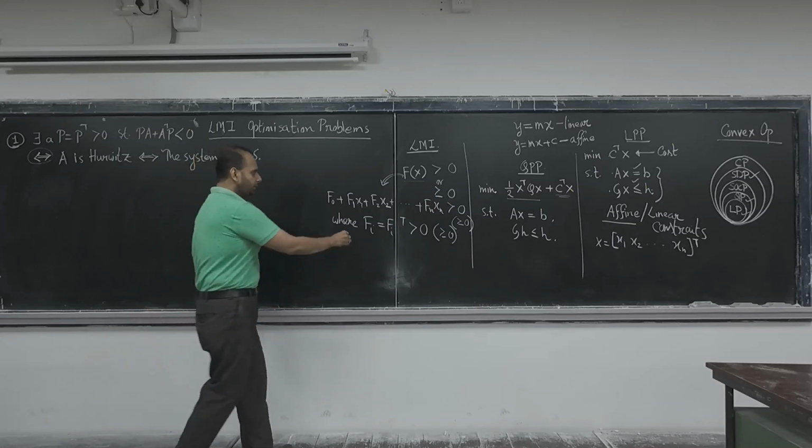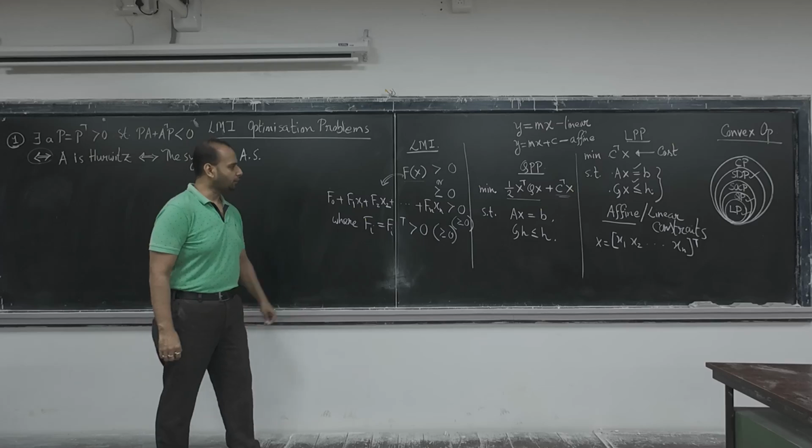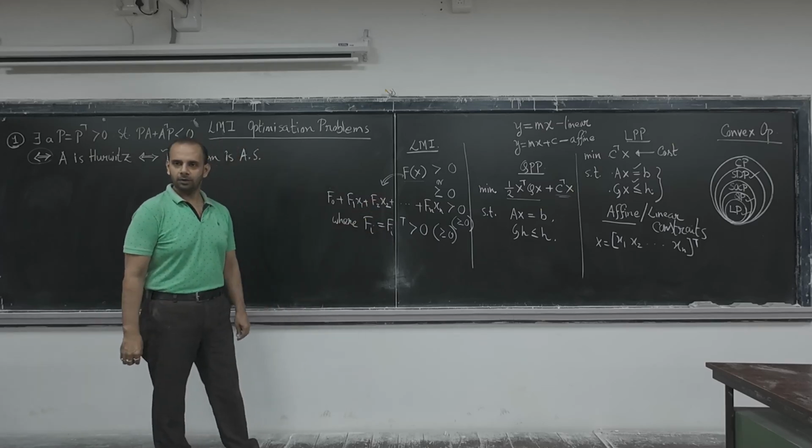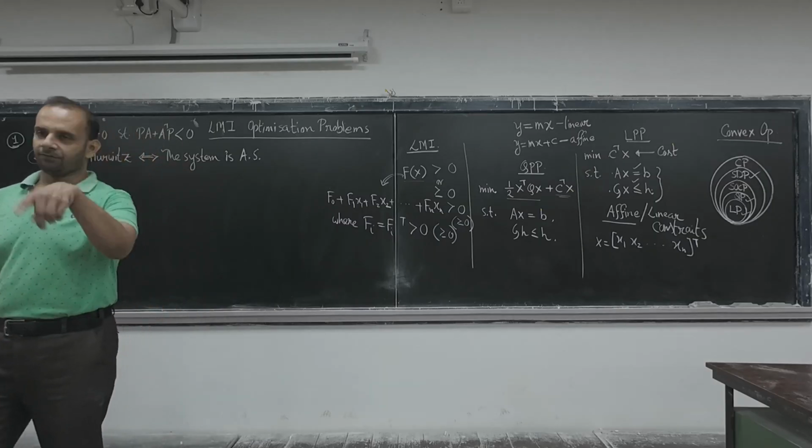Here you can see all of these matrices are real symmetric matrices and also of the same sign, because you know that a summation of positive definite or negative definite matrices will have the same.